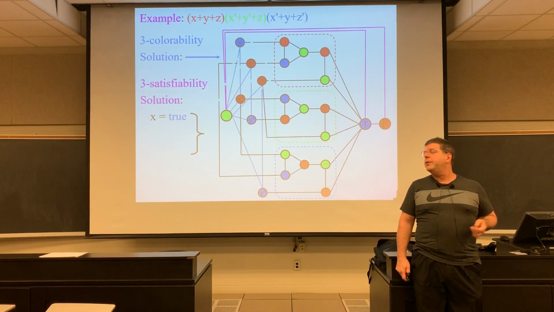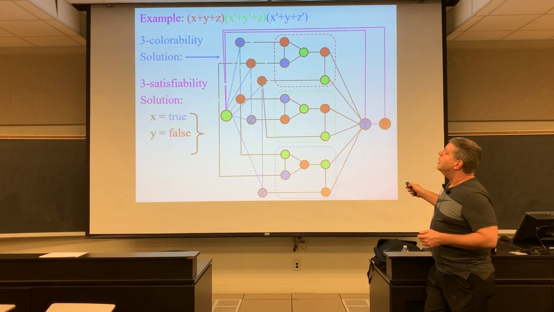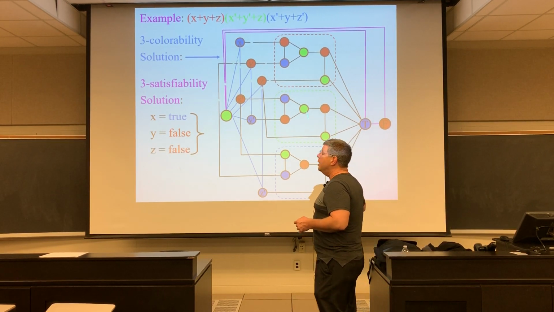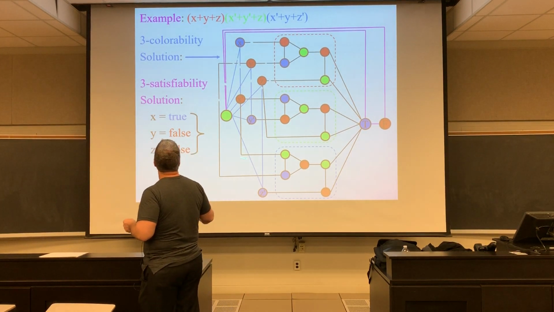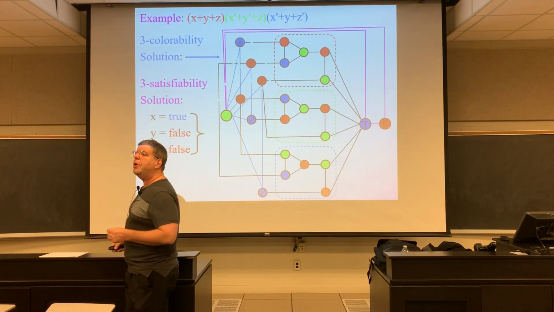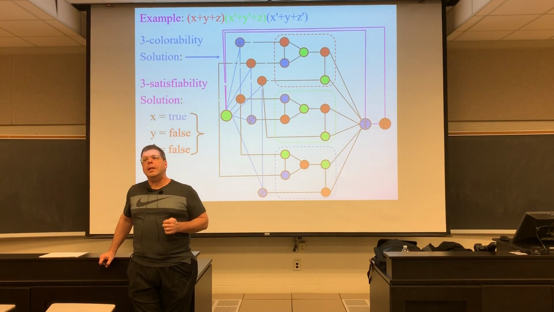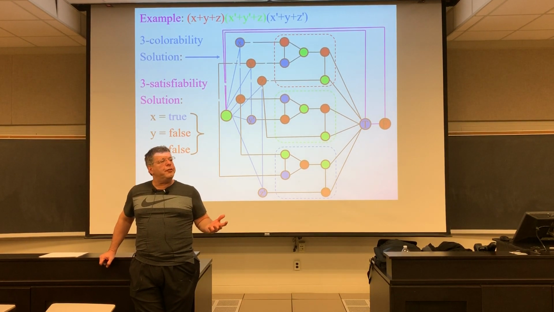And so we converted a SAT instance into a graph in such a way that if we had a good, efficient graph colorability solver, three colorability solver, we can exploit it in this way to solve arbitrary satisfiability instances. That's an amazing feat, because graphs seem to have nothing to do with Boolean formulas.